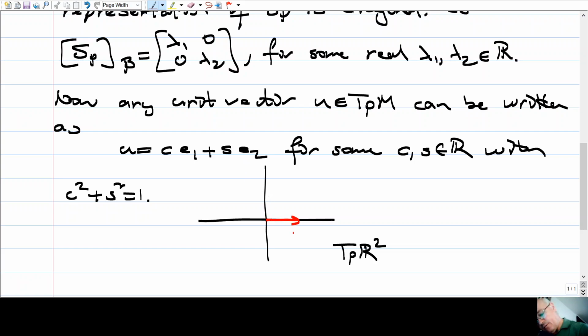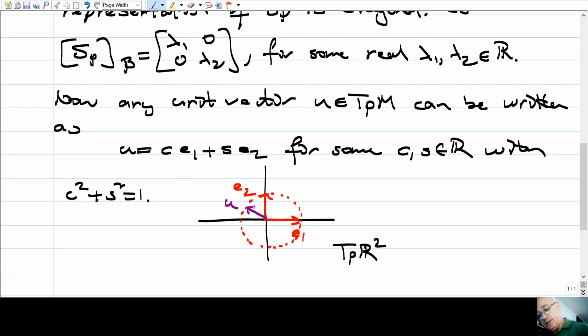Let's say this is the vector E1 and this is the basis vector E2. Let's say this is the unit circle. Now any other unit vector in the tangent space, let's say this vector u, can be written in this basis like this.